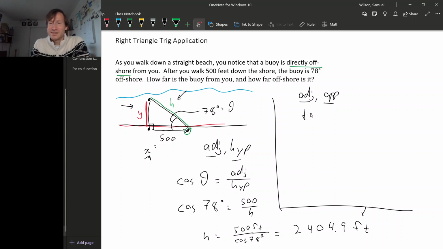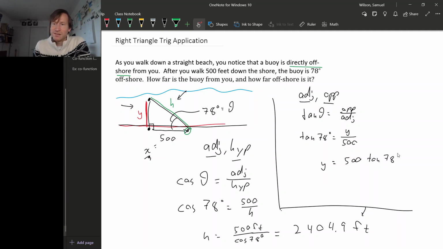Tangent theta is the opposite side over the adjacent side. So tangent of 78 degrees is the opposite side, which is y, divided by the adjacent side, which is 500. And then we can solve this for y. y is 500 times tangent 78 degrees.